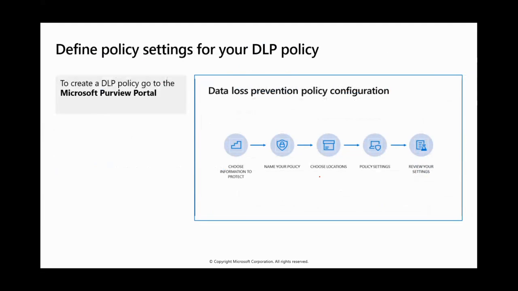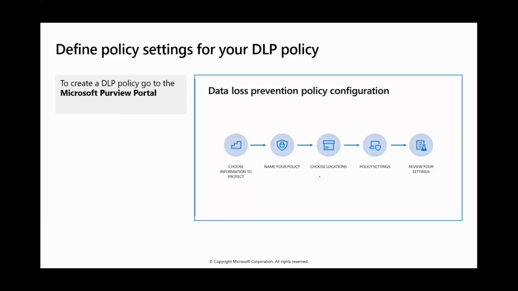Then, once we understand these DLP policies and we identify the information to protect, now we can create a DLP policy. So first of all, we needed to understand it. Now we can implement it. To create a data loss prevention policy, guys, it is important to visit the compliance center.